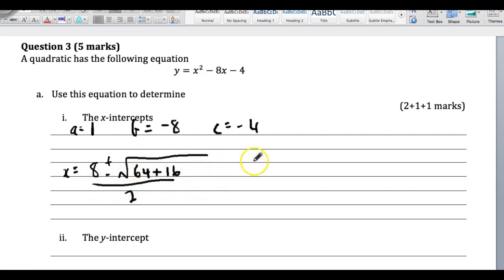I'm doing a lot of this in my head, but you obviously will have already done it and you're just watching this to check your answers. So 8 plus or minus, what's it, 80? That's not too bad. Over 2. Now the square root of 80, I know 4, no, that's not the highest.